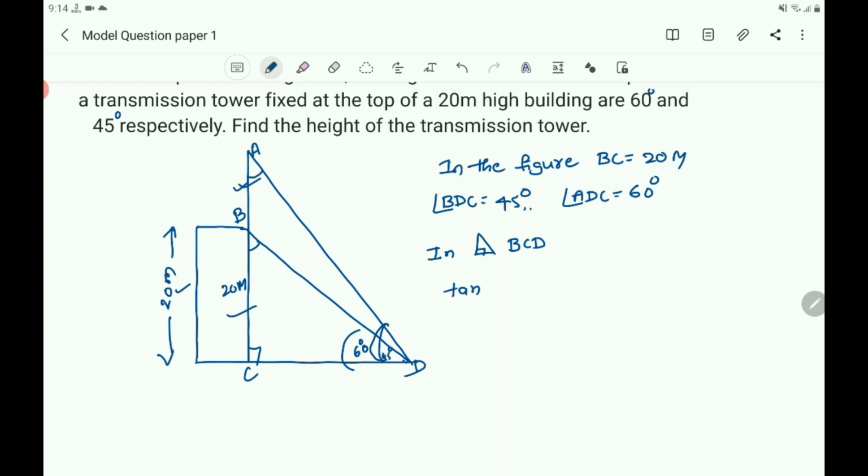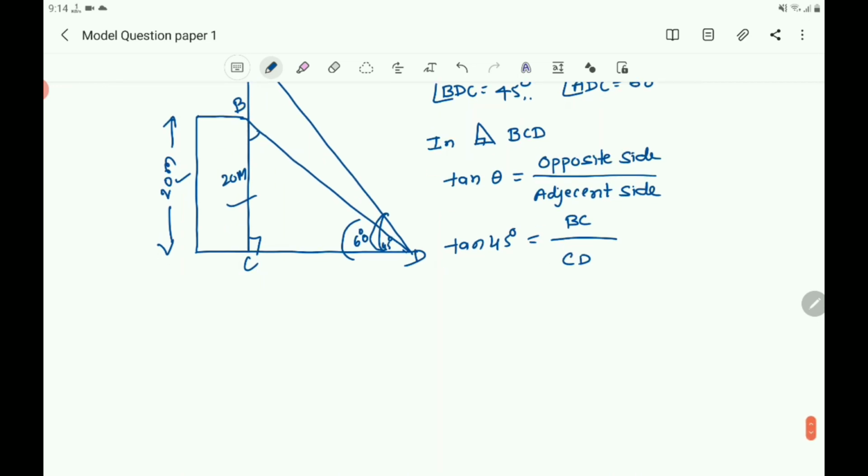Right? Tan theta equals opposite side by adjacent side, that is tan how much? Tan 45 degree equals opposite side BC by CD. Then tan 45 is 1, BC is 20 by CD, therefore you can have CD equals 20 meter. So you got this distance.